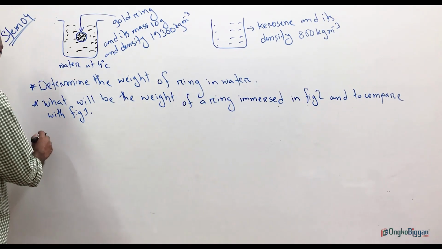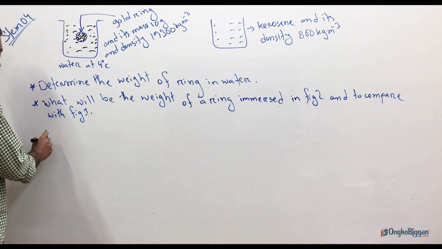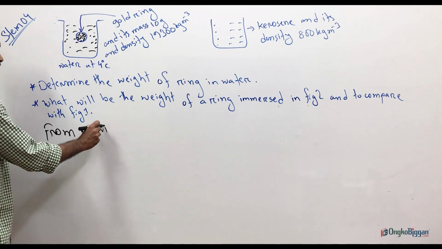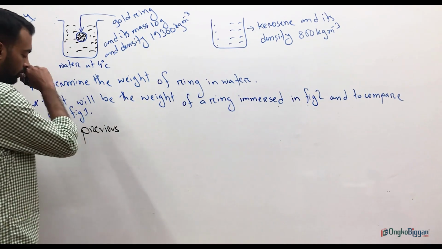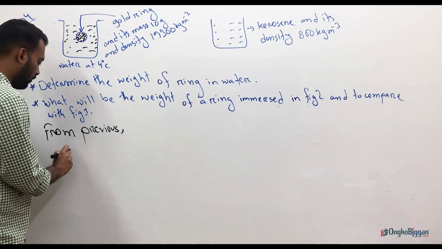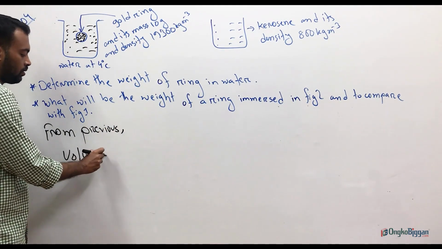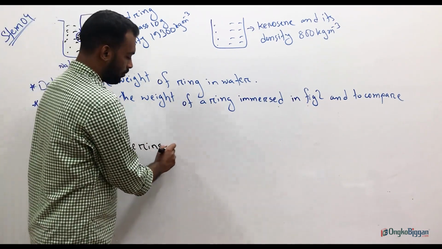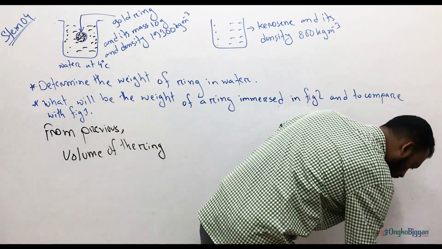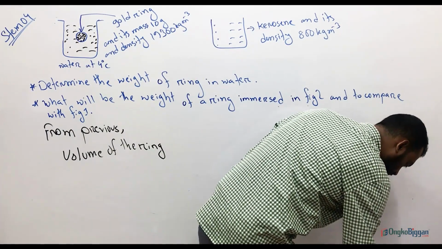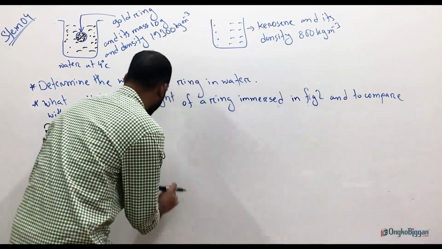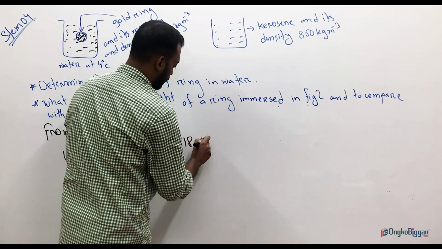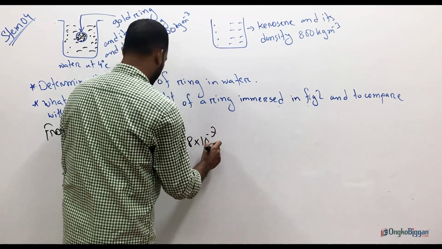Now, from the previous solution, we know the volume of the ring. So how much was it? It was 5.18 into 10 to the power minus 7 meter cube.